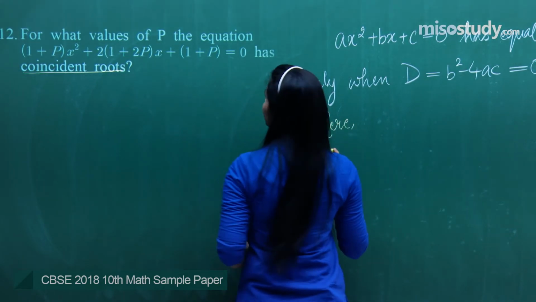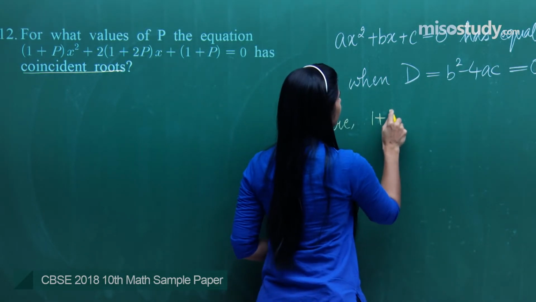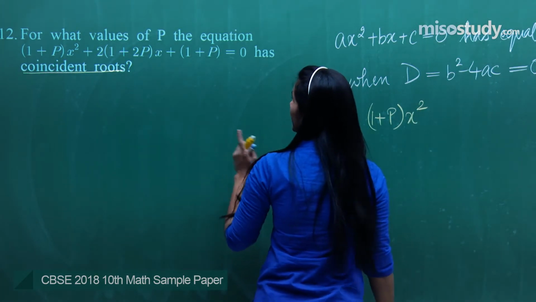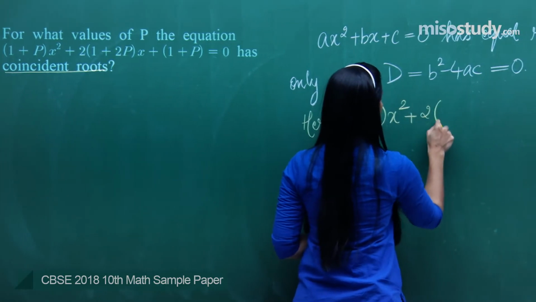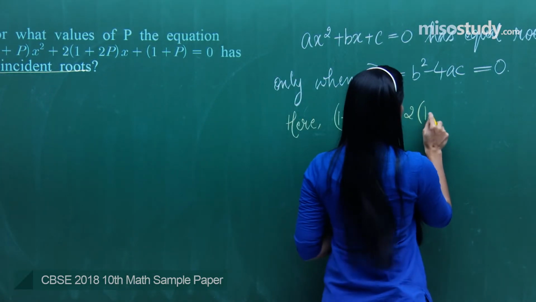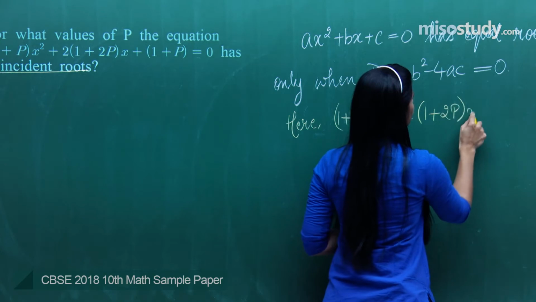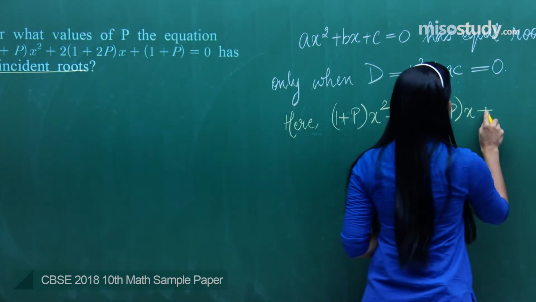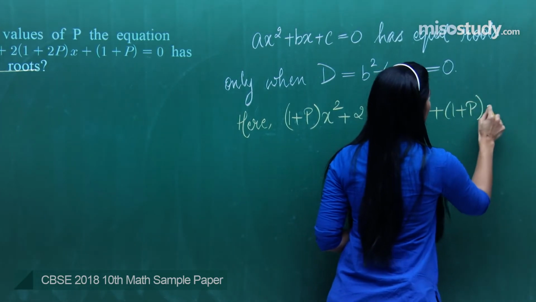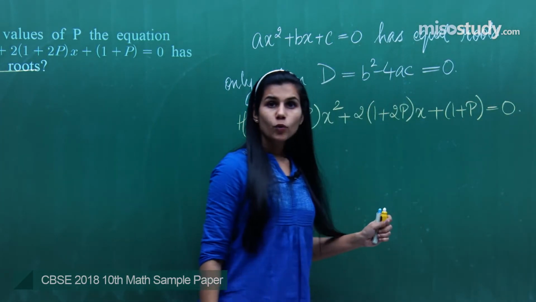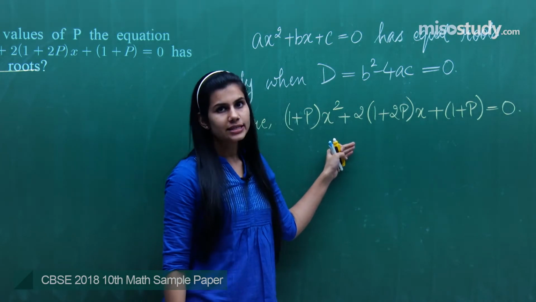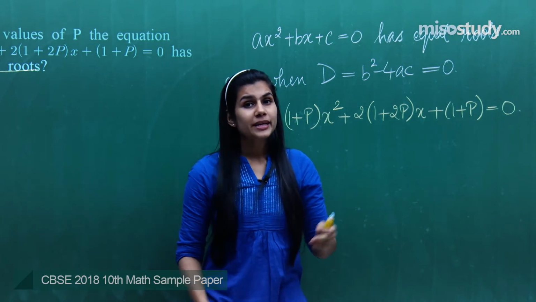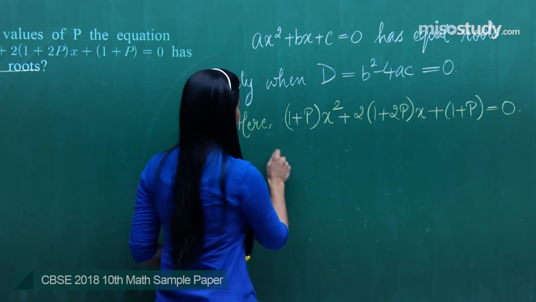Here the quadratic equation is (1 plus p) x square plus 2 times (1 plus 2p) into x plus (1 plus p). And the question is that this quadratic equation has equal roots. That means its discriminant is 0.